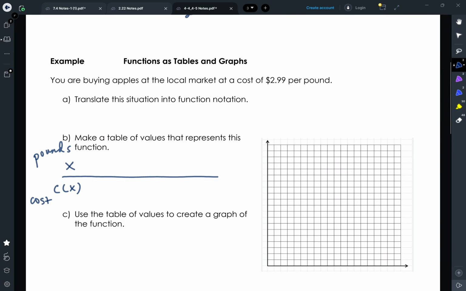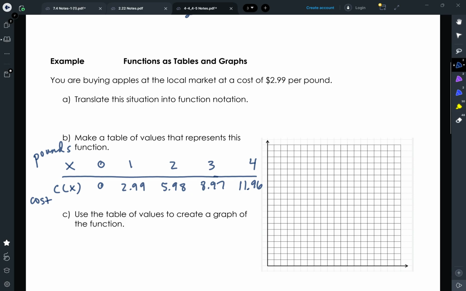So if I buy 0 pounds of apples, I pay $0. 1 pound of apples would be $2.99. 2 pounds of apples would be $2.99 times 2. That's $5.98. 3 pounds of apples would be 3 times $2.99. That's $8.97.